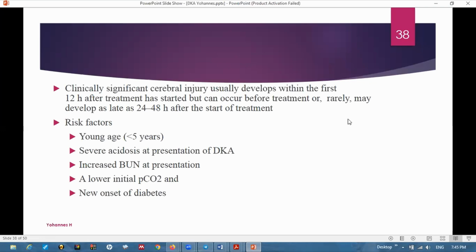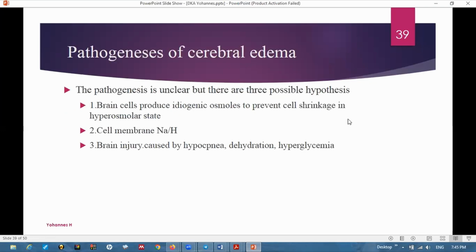The pathogenesis of cerebral edema: these are hypotheses. Brain cells normally produce idiogenic osmoles in case of severe DKA to prevent cell shrinkage. Due to the hyperosmolality, there will be a fluid shift from the cell to the extracellular space.